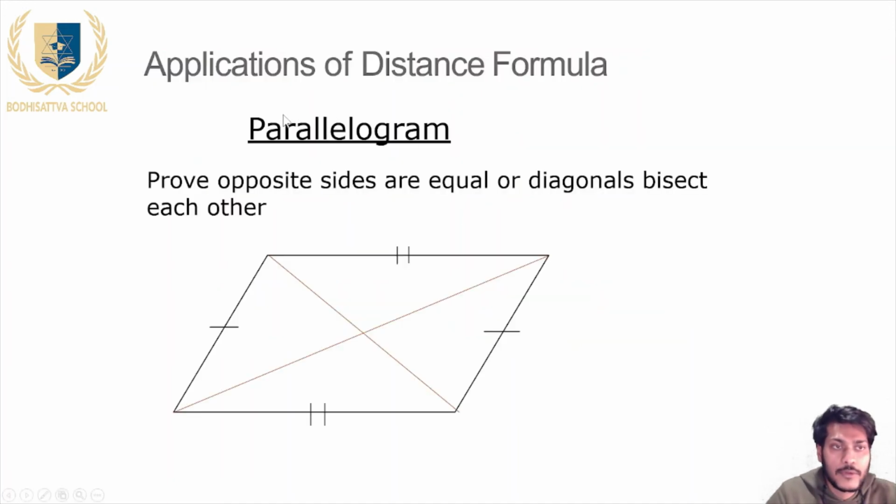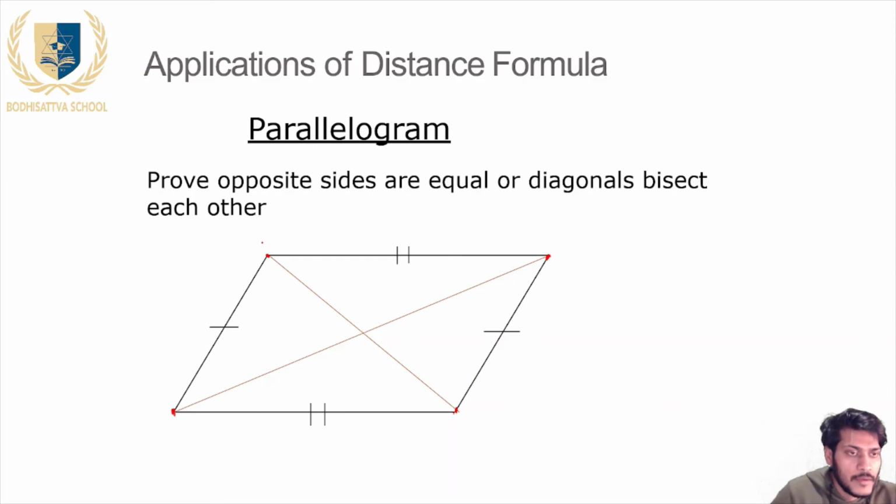First one is parallelogram. How can we find this is a parallelogram? Using this distance formula we can prove this is a parallelogram. If the coordinates of the vertices of this parallelogram are given, and we know in a parallelogram opposite sides are equal and diagonals are not equal.